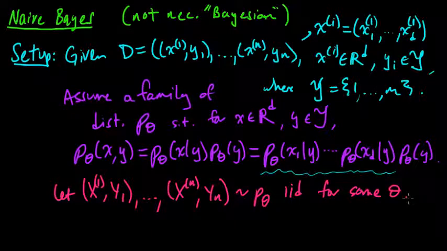So we assume that there's some theta for which these random variables are distributed, and then we're going to assume that our data comes from such random variables.